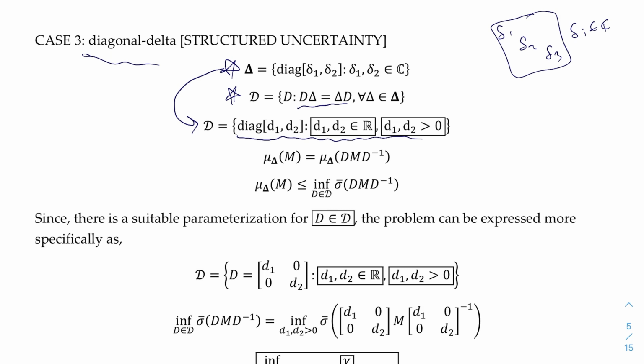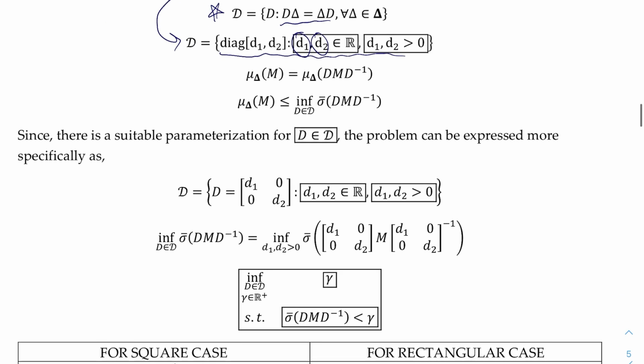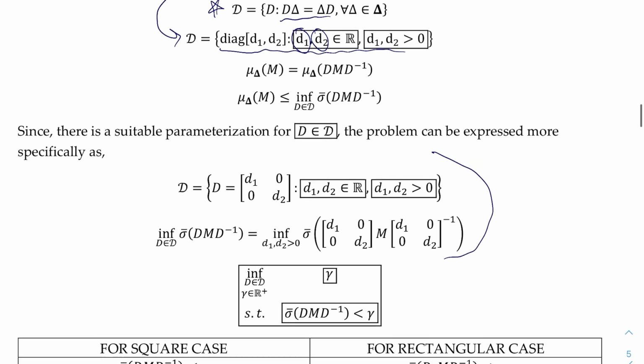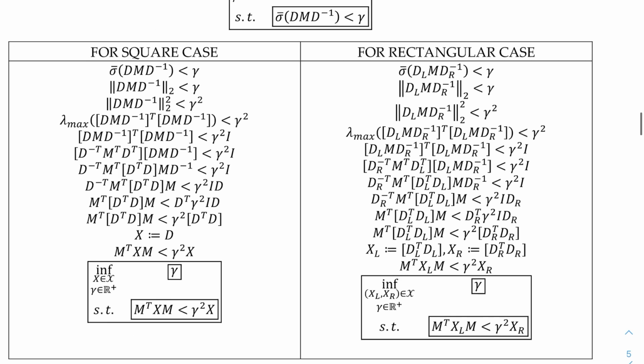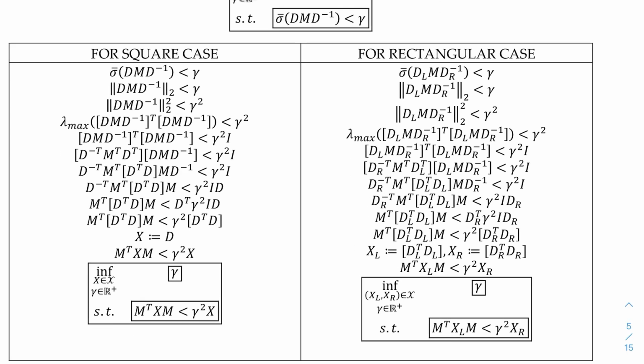Okay, and the D matrices now can be parameterized by D1, D2, diagonal positive real numbers, and here we can see the parameterization. Okay, and this is the Yalmip related information. Here again, let's look at this. For a given gamma, just find me an x.